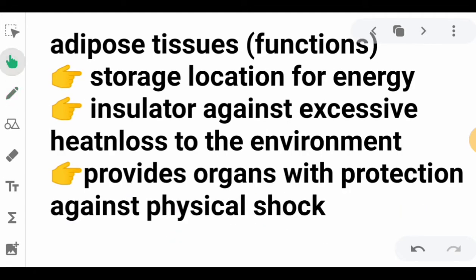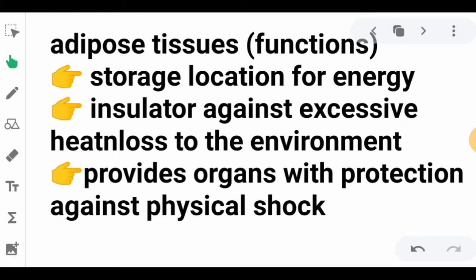Aside from its function as a storage location for energy, adipose tissue also serves as an insulator against excessive heat loss to the environment. So it keeps us warm. And it also provides organs with protection against physical shock. When we say physical shock, this is, for example, someone punching your stomach.